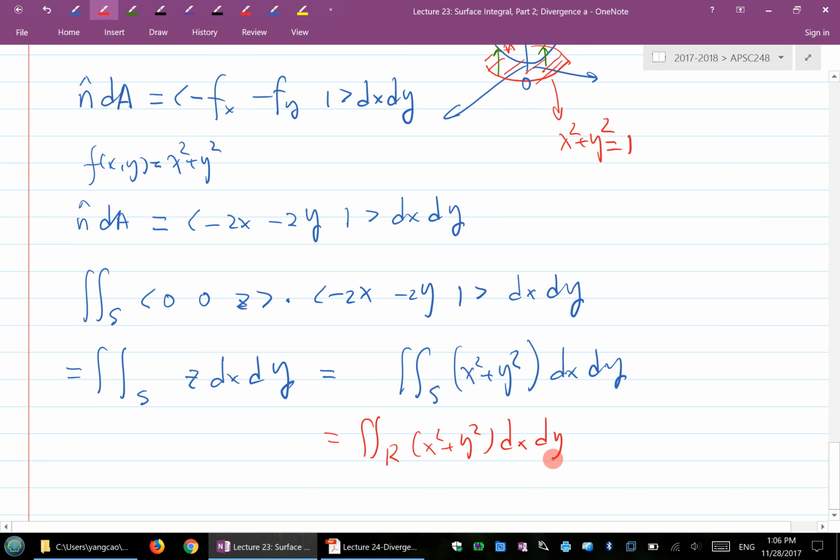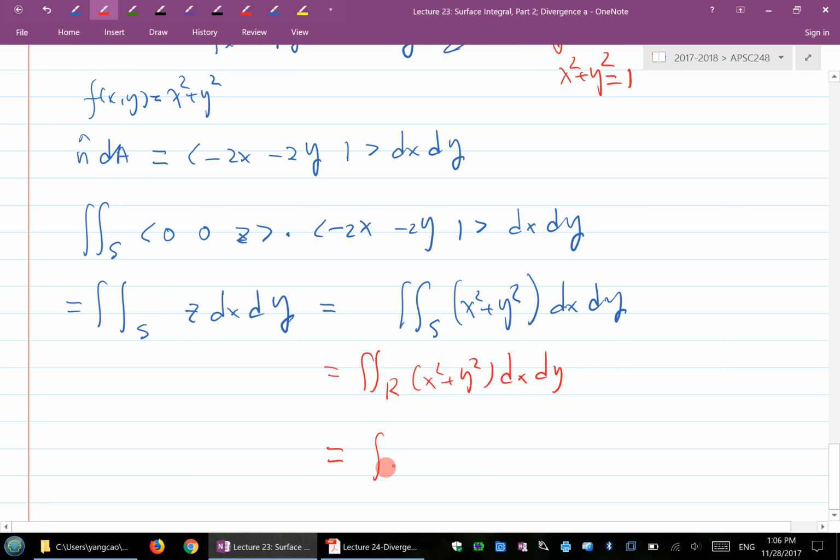One is Cartesian, and the other is what type? Polar, right? And you use the polar when you have a circle centered around the origin, or slightly off the origin. So from here, instead of using Cartesian, you can use polar now.